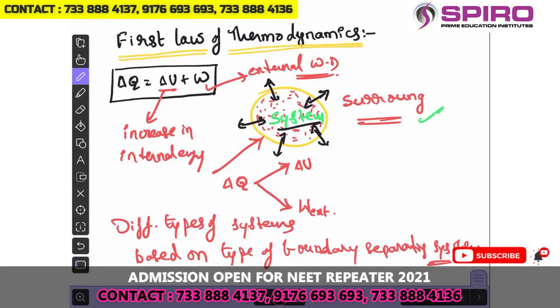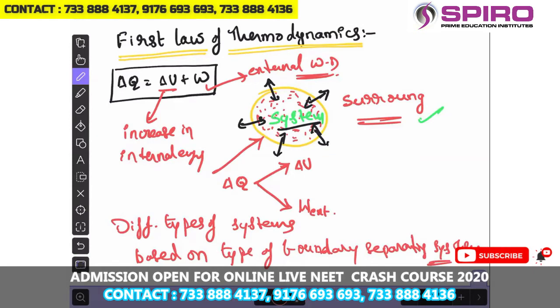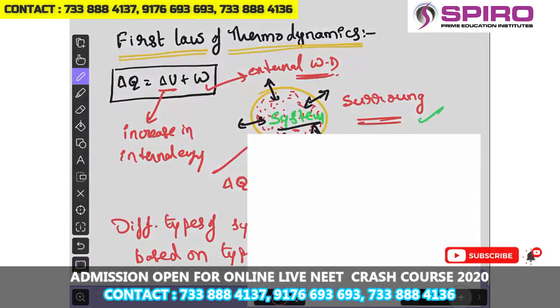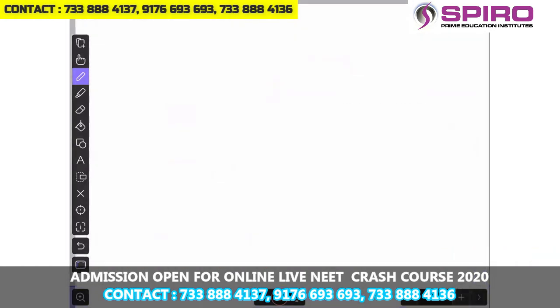Okay, there are basically three types of the boundaries. They are open system, closed system, and isolated system. I'm writing them here.